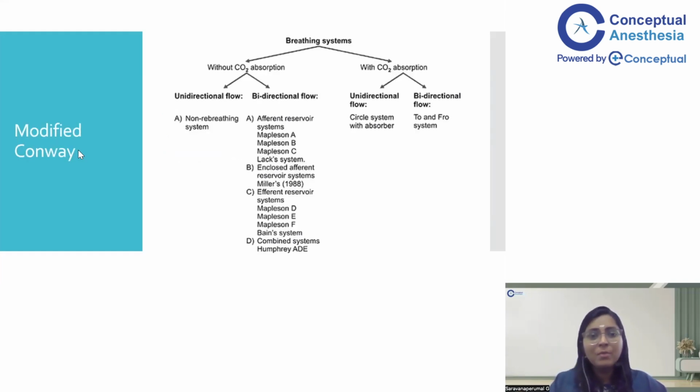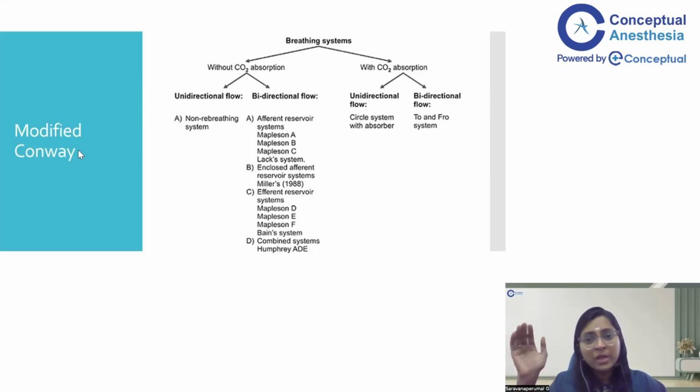So then came the modified Conway. There are so many methods of classifying, so these two will be enough for us to know. The modified Conway is the one where he classified the breathing systems into two: without carbon dioxide absorption and with carbon dioxide absorption. Then, based on the flow, whether there are any flow control valves or unidirectional flow aided by a valve, whether it be a Rubin valve or a unidirectional flow valve.